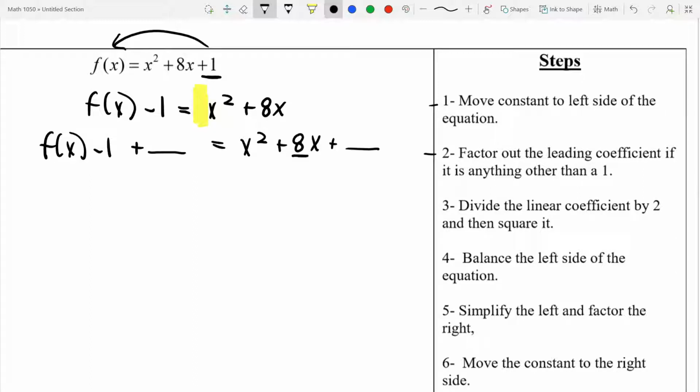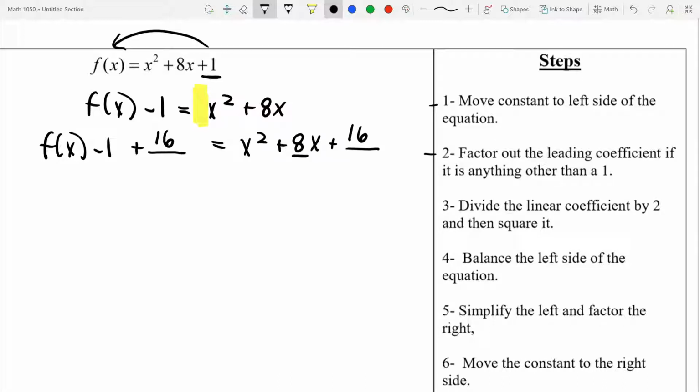Divide it by 2 and then square it. So you go 8 divided by 2 is a 4. 4 squared is 16. So I'm going to put the 16 right here. The next step, number 4, says balance the equation. So if I add 16 over here, I have to add 16 over here.